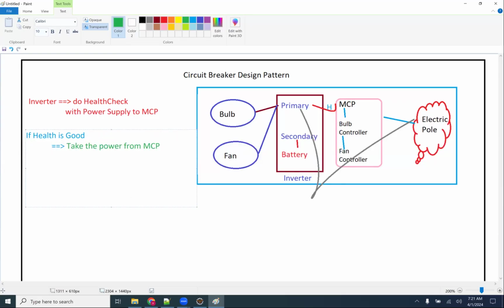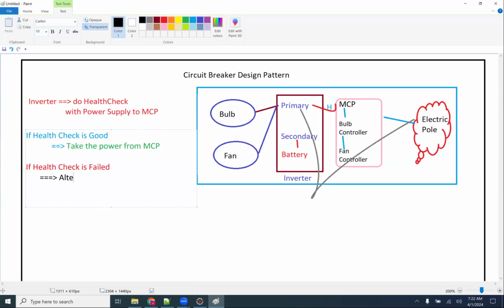Assuming that power is gone. If the health check is failed, what do we need to do here?